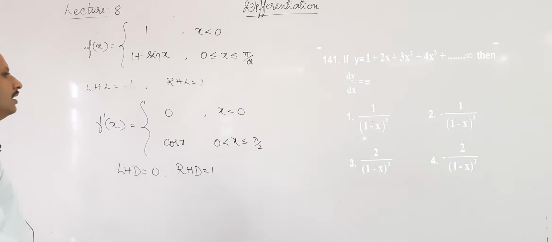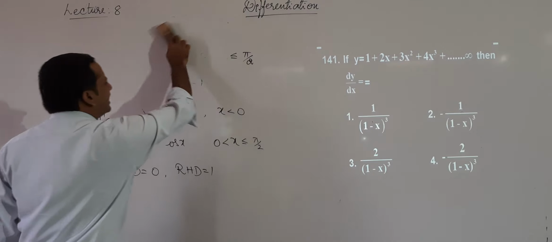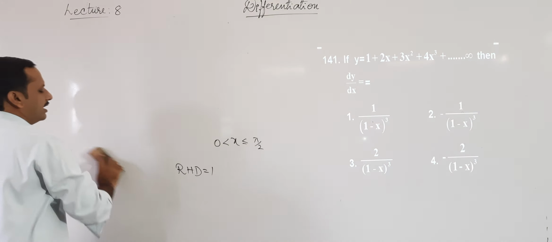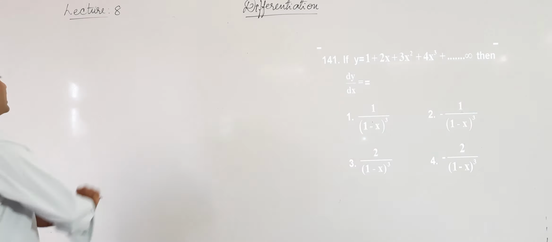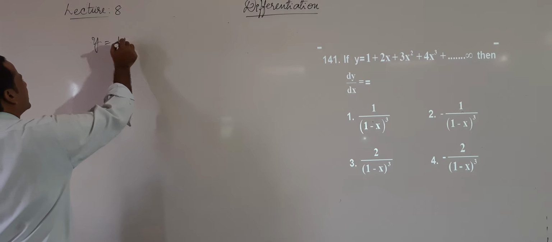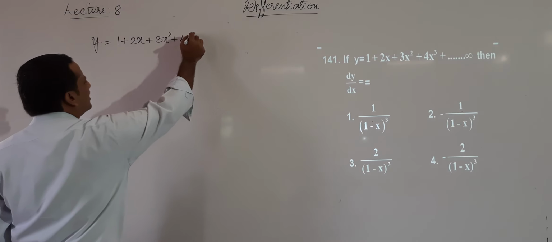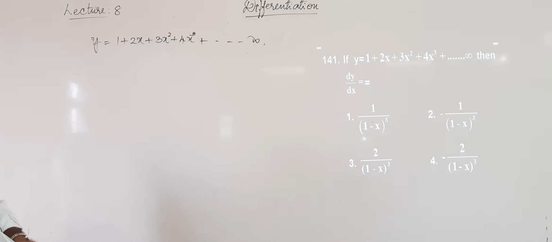141. If y is equal to 1 plus 2x plus 3x square plus 4x cube etc. up to infinity, then dy by dx is equal to. Observe that RHS, you have the expansion here 1 plus 2x plus 3x square plus 4x cube etc. up to infinity. Then what is dy by dx they are asking.